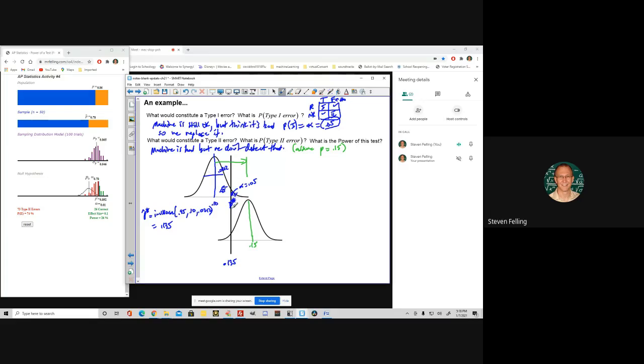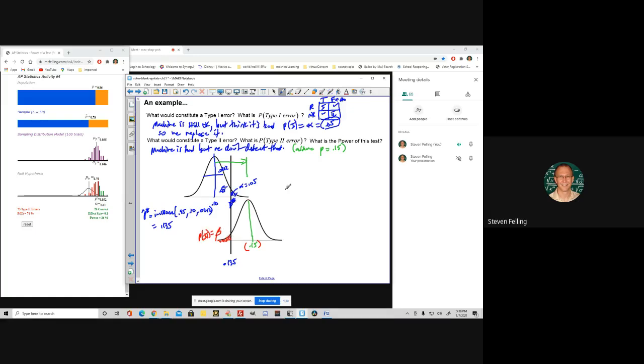So what I'm trying to do right now is figure out the probability of the type 2 error. That probability is over here. Now that I know that this value is 0.135, and somehow I know that the machine's actually producing 15% bad parts, I can figure out how likely this is to happen. This is beta, the probability of a type 2 error.